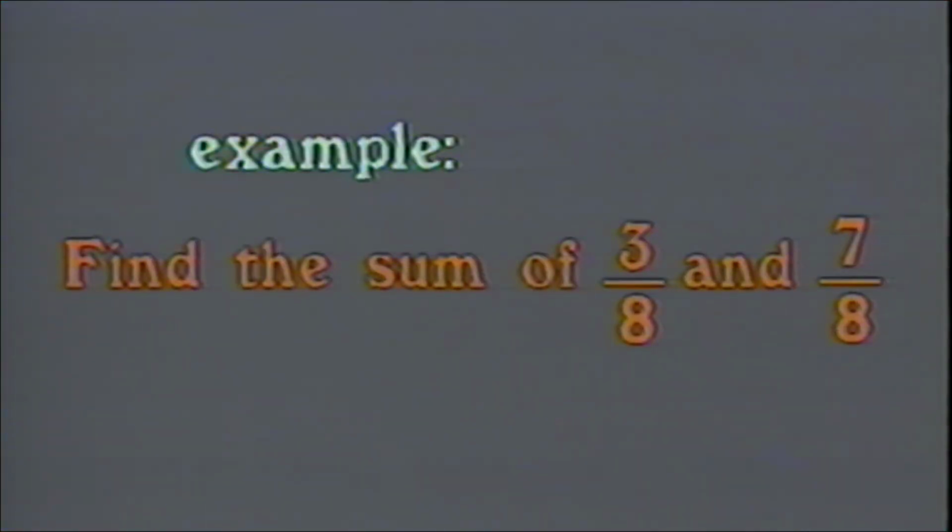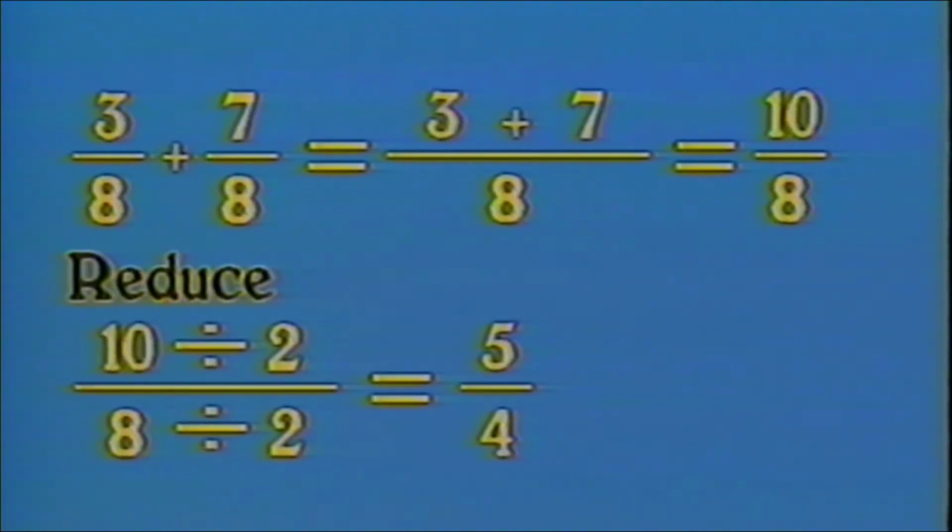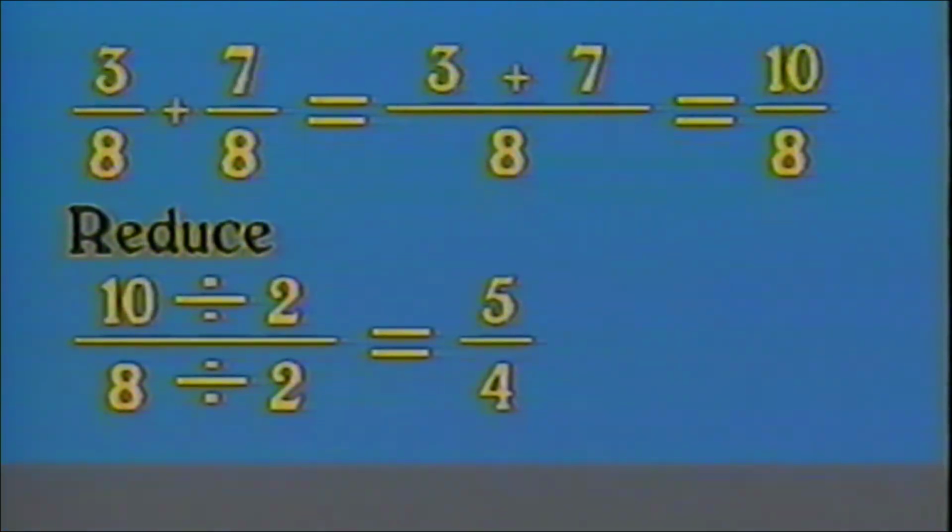Find the sum of 3/8 and 7/8. Sum, that means to add, right? It sure does. 3/8 plus 7/8 is 10/8. That reduces to 5/4 when you divide the numerator and denominator by 2. Now your answer is in lowest terms, but it is an improper fraction.